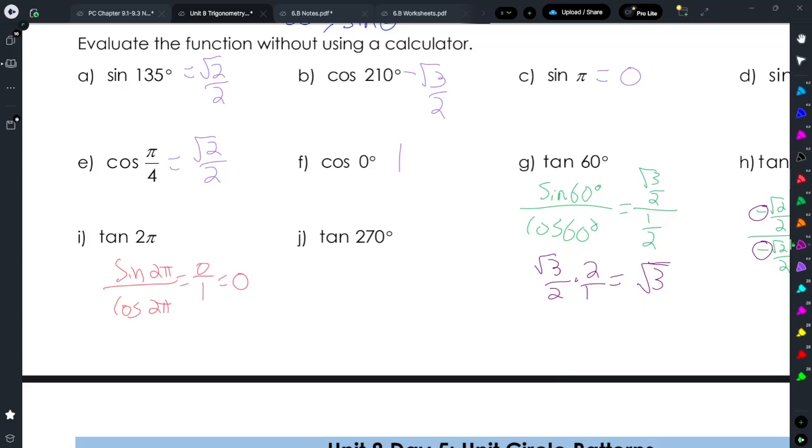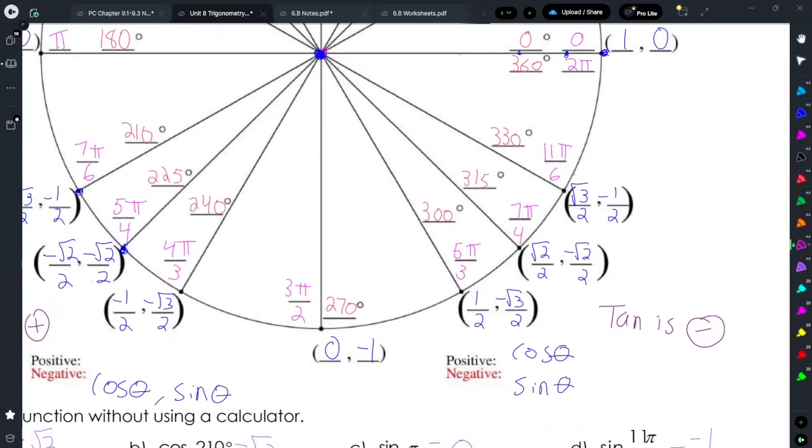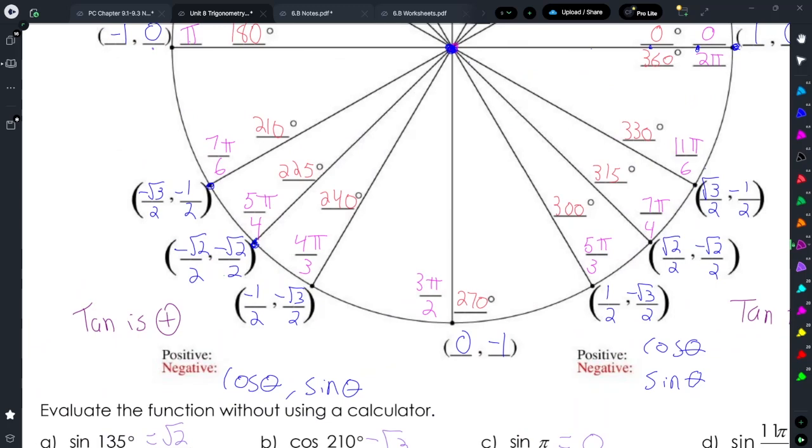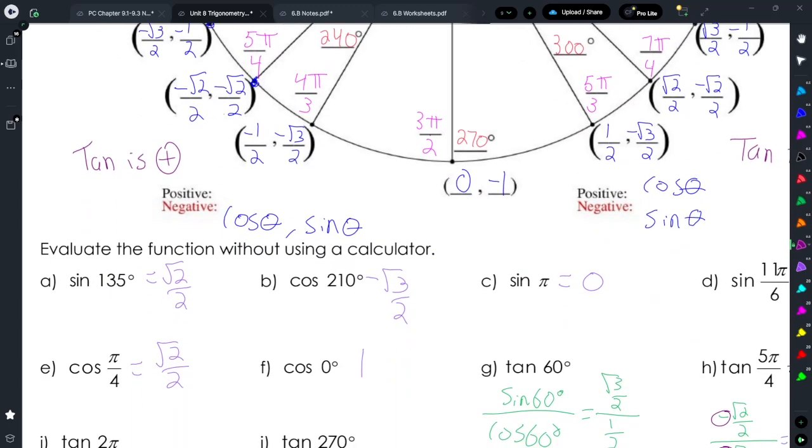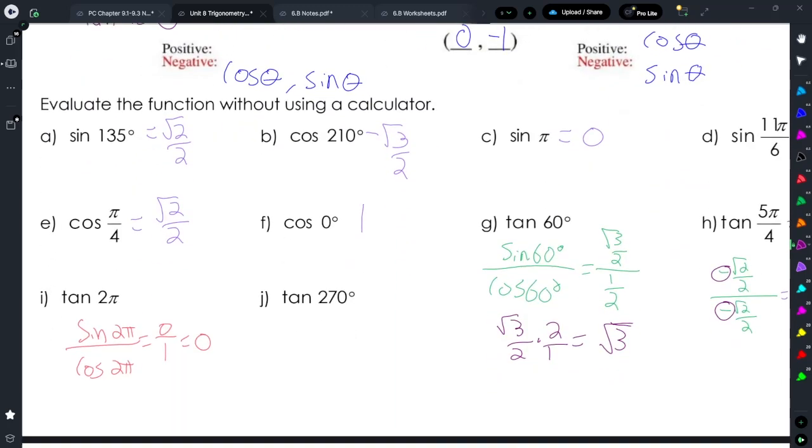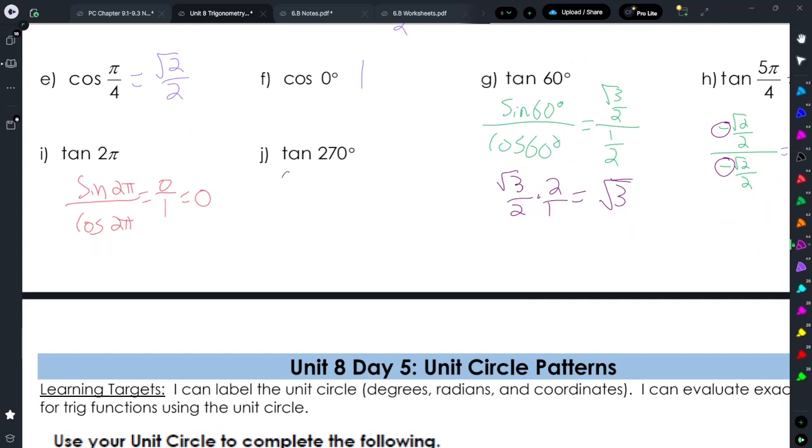Tangent of 270. Tangent of 270, that's right here. Cosine is 0 and sine is negative 1. So this is, again, the sine of 270 over the cosine of 270. So that is negative 1 over 0, which we can't have, so this is undefined.